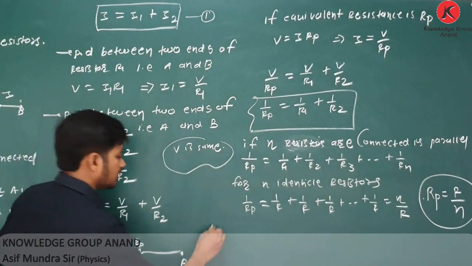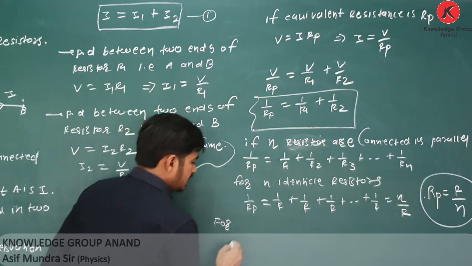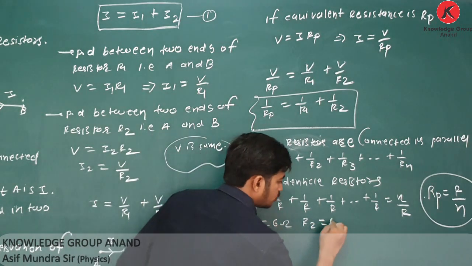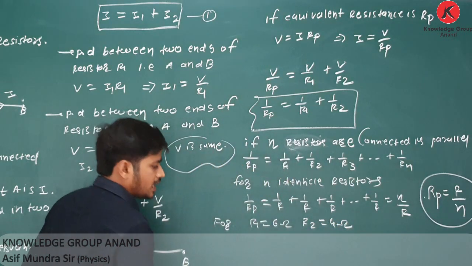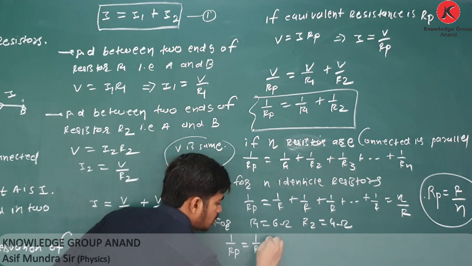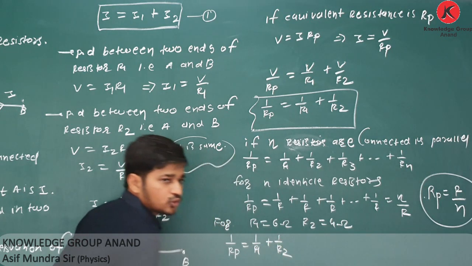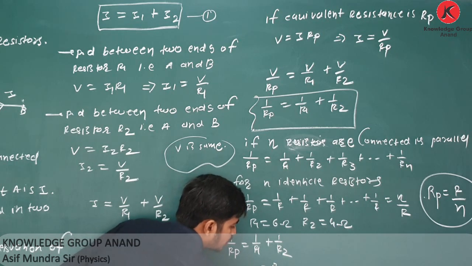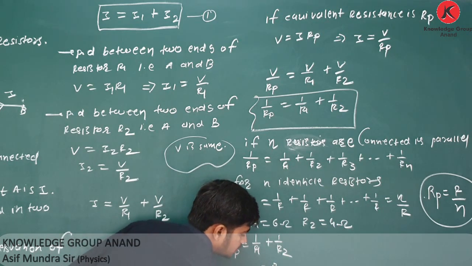Now for example, if I have R1 is equal to 6 ohm, R2 is equal to 4 ohm, then we know the equation 1 upon RP is equal to 1 upon R1 plus 1 upon R2. Then RP is equal to R1 R2 upon R1 plus R2.